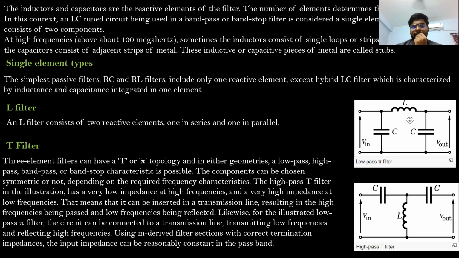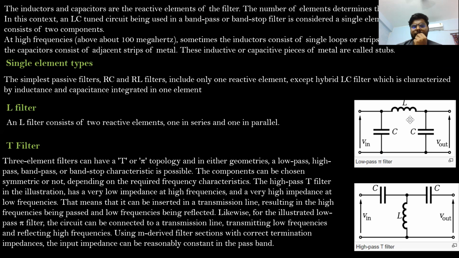Three element filters can have a T or pi topology and in either geometry, a low pass, high pass, band pass, or band stop characteristic is possible. The components can be chosen symmetric or not depending on the required frequency characteristics. The high pass T filter in the illustration has a very low impedance at high frequencies and a very high impedance at low frequencies.